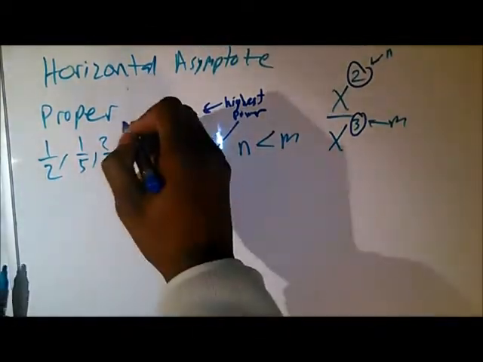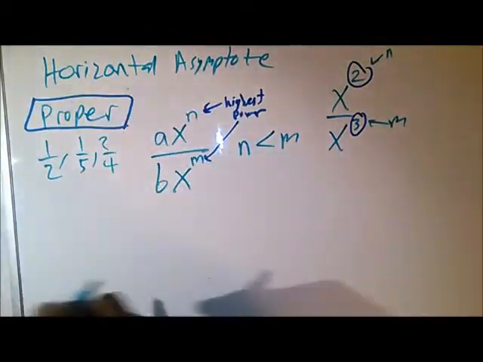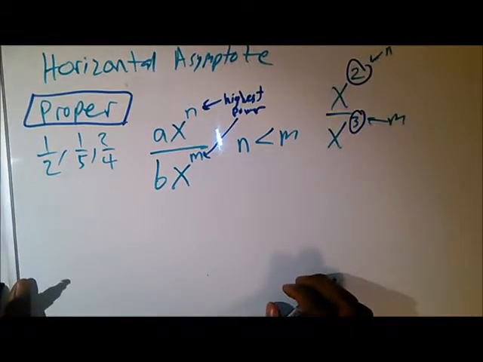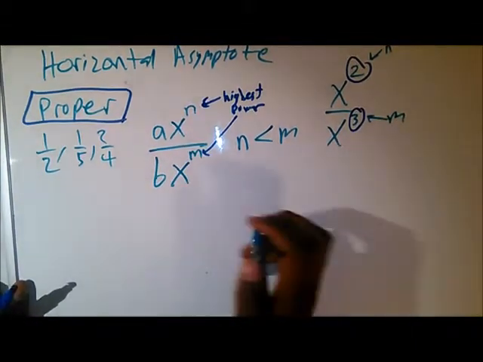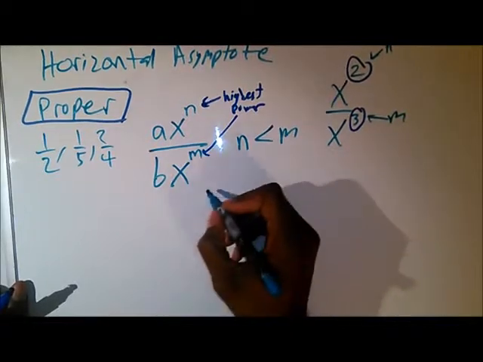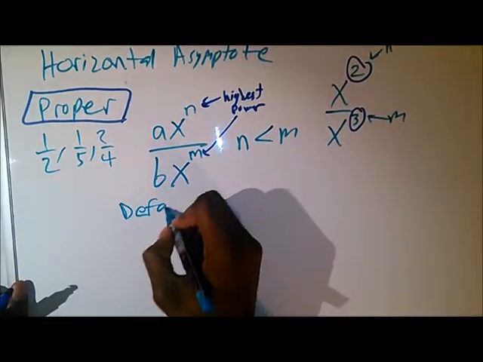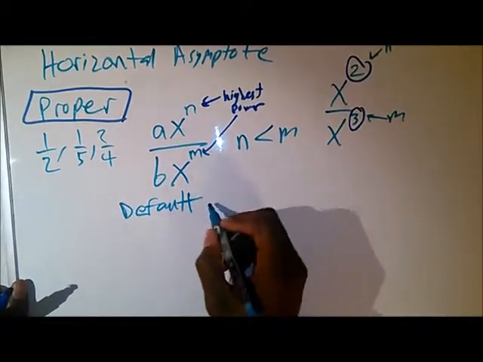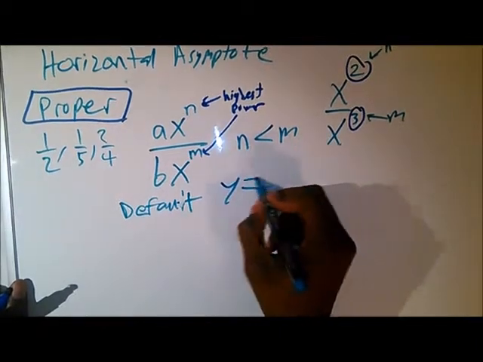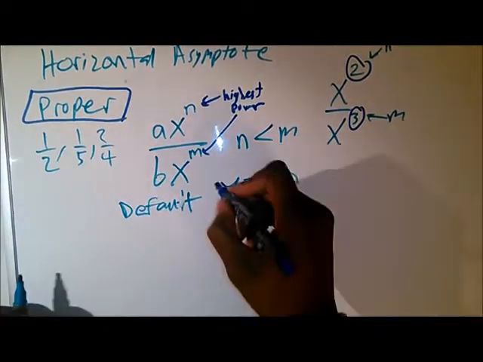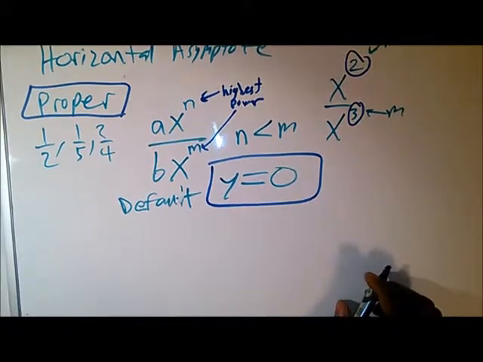This is going to be a proper rational function. And if it's a proper rational function, then by default, y is equal to 0. Okay? y is equal to 0.